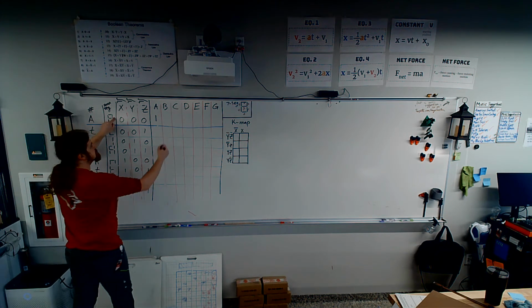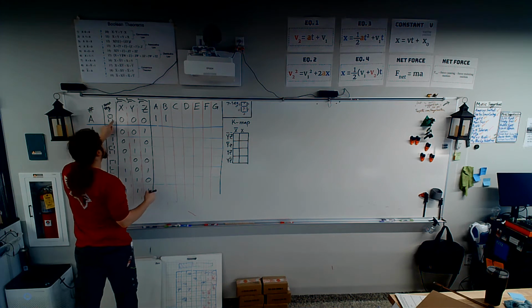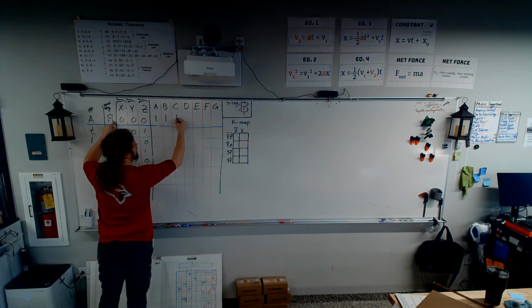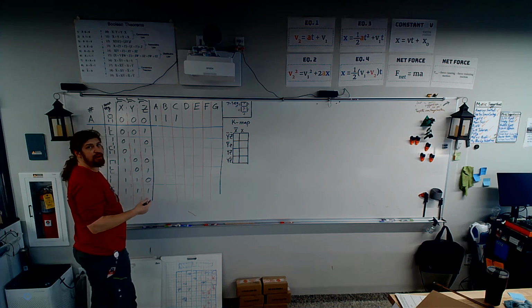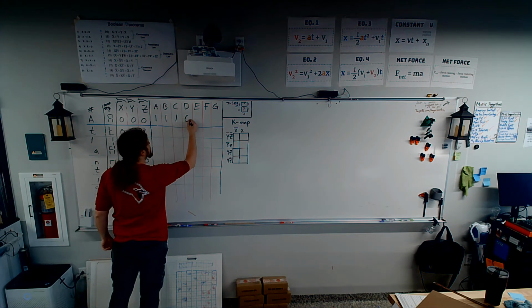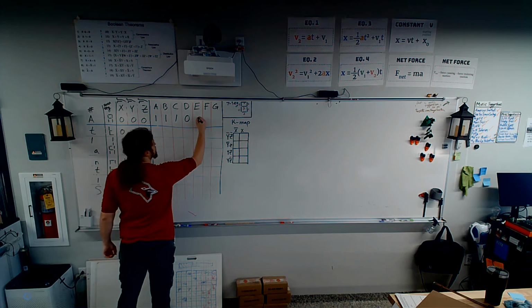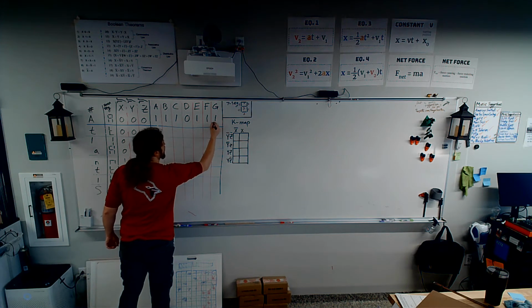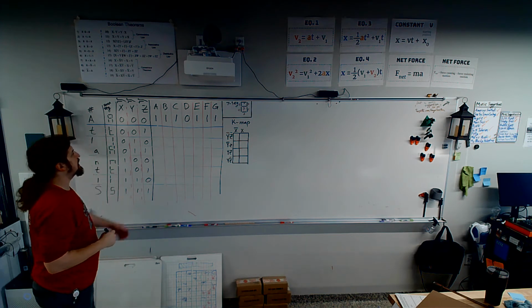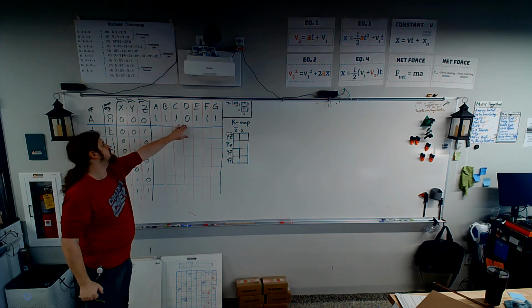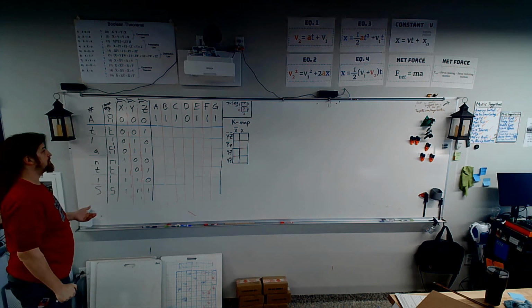Segment B is going to be on if I'm doing that A. Segment C, also on. D at the bottom, however, is going to be off because I don't want to light that one up. The remaining 3 segments are always on in an A. So you'll notice A has all but 1 segment turned on.